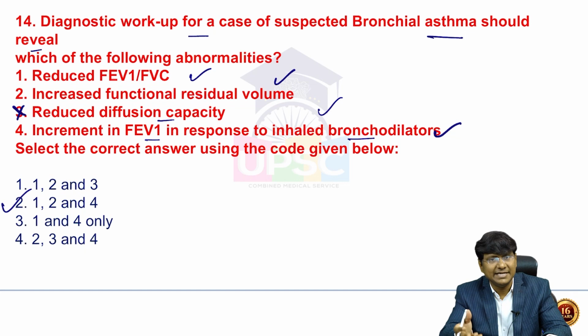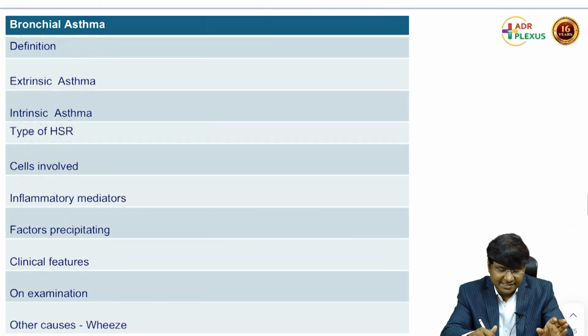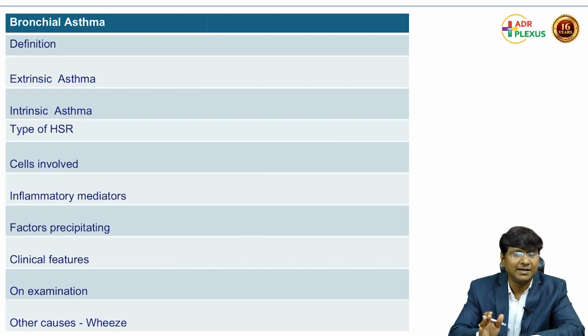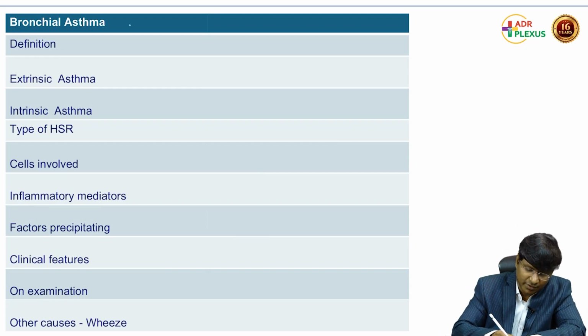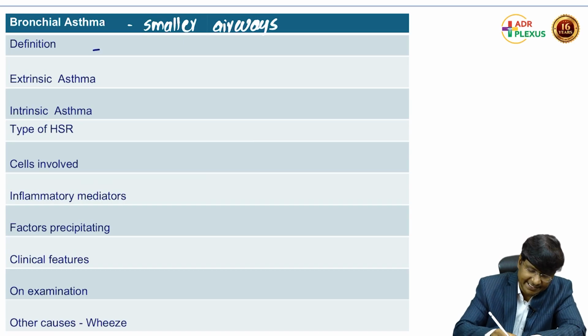Now let me discuss in detail the entire bronchial asthma. Until now, what we have discussed is only the treatment aspect and the assessment. If you take bronchial asthma, like COPD, this is also a disease of the smaller airways. But what is the important difference between COPD and bronchial asthma? It is a disorder where you have a reversible bronchial obstruction.